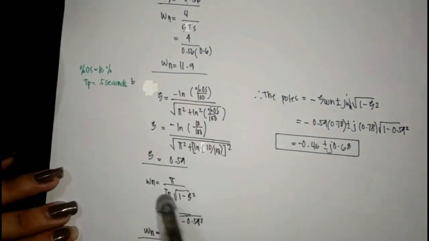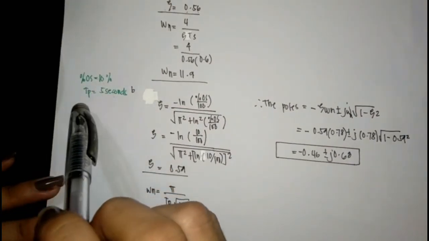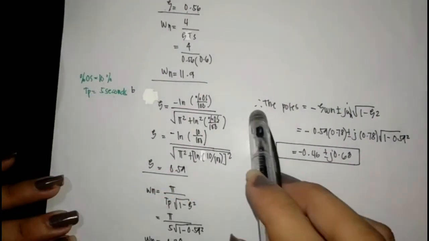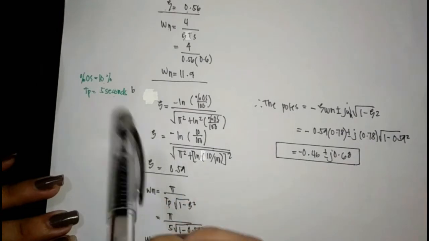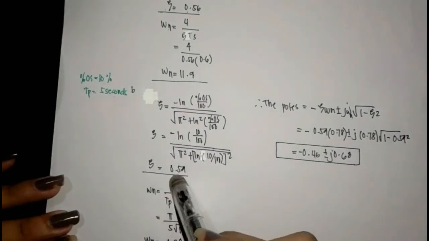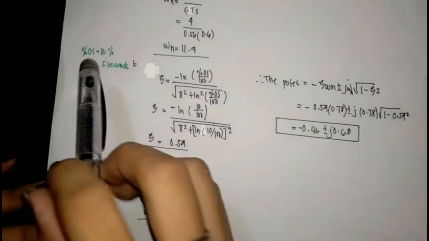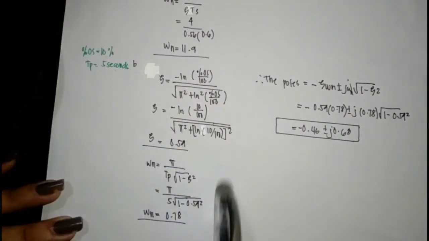So move to B, just the same step but our natural frequency has a different formula here. So percent overshoot is given as 10 and our peak time is 5 seconds, so the poles formula is also the same and our damping ratio is just the same. You just need to input the 10 here and we'll have the damping ratio of 0.59. And our natural frequency, since peak time is given, not Ts, we'll have this formula.